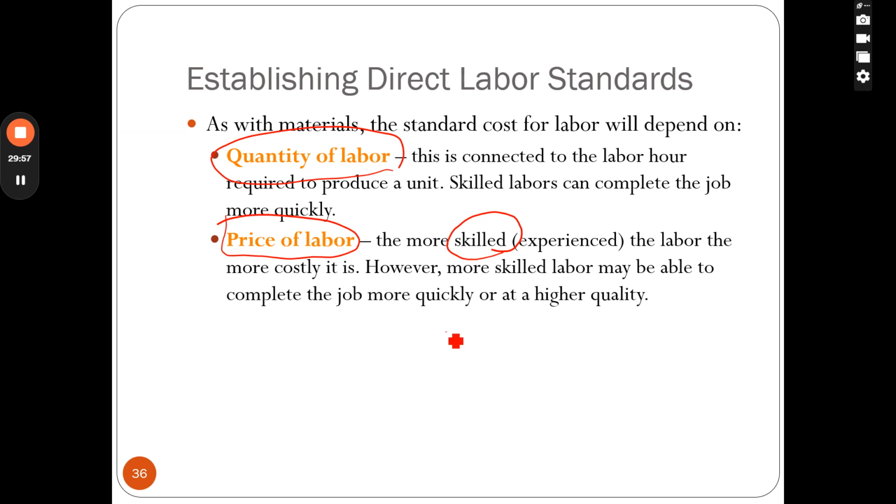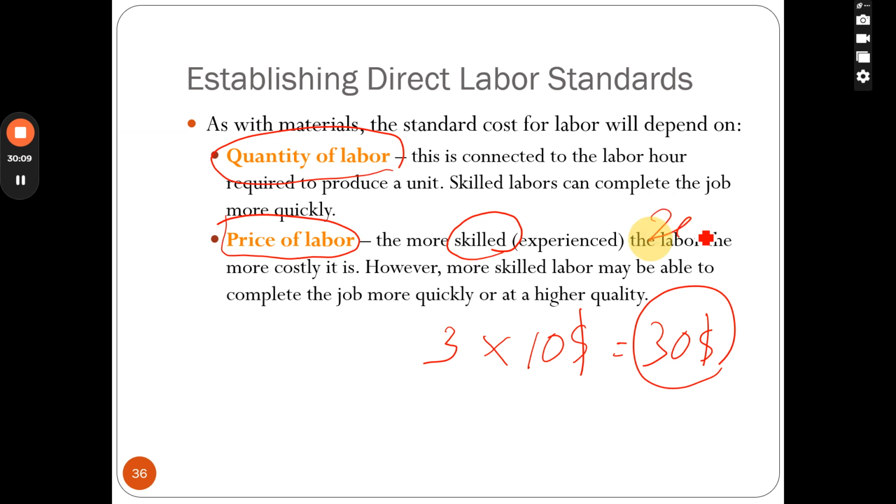So I need again 3 hours of labor, and every hour I have to pay $10. So it is $30 to make this product. So now I need $20 of material and $30 of labor cost. So now it became $50.